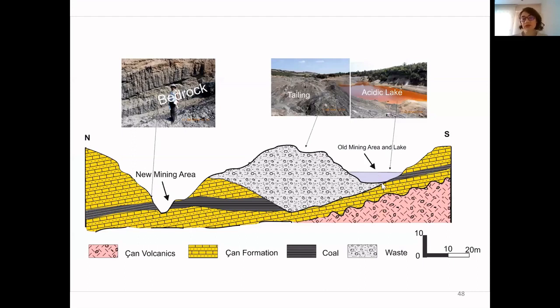As I told you, companies come here. They took the coal and put the waste here, then leave the sites doing nothing. And after the precipitation, of course, the obvious result is an acidic lake here. And here also they are doing the same thing.